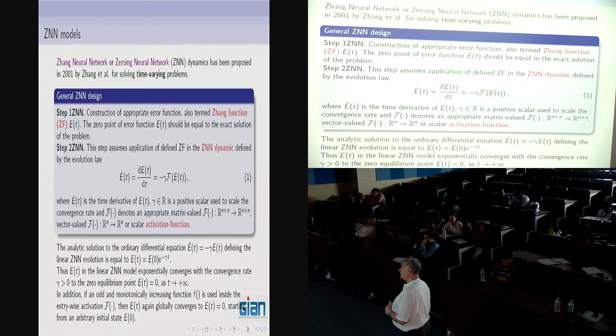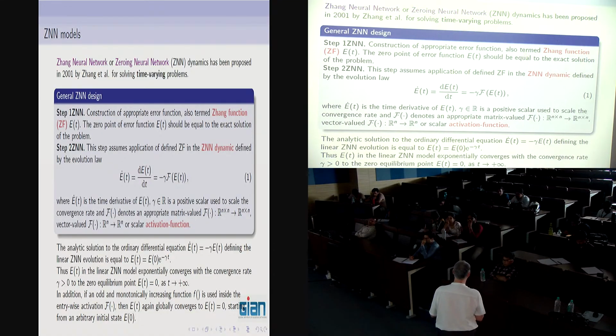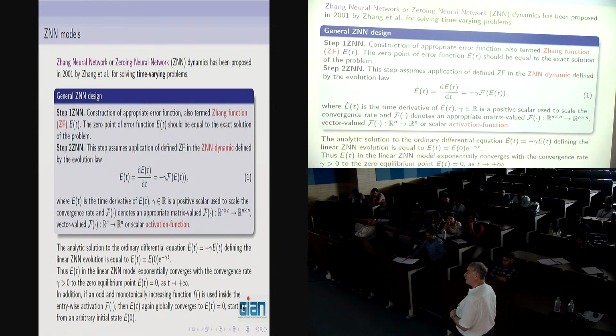If we consider here calligraphic F equal to the identity, we obtain the linear ZNN model. The linear ZNN model can be solved analytically.